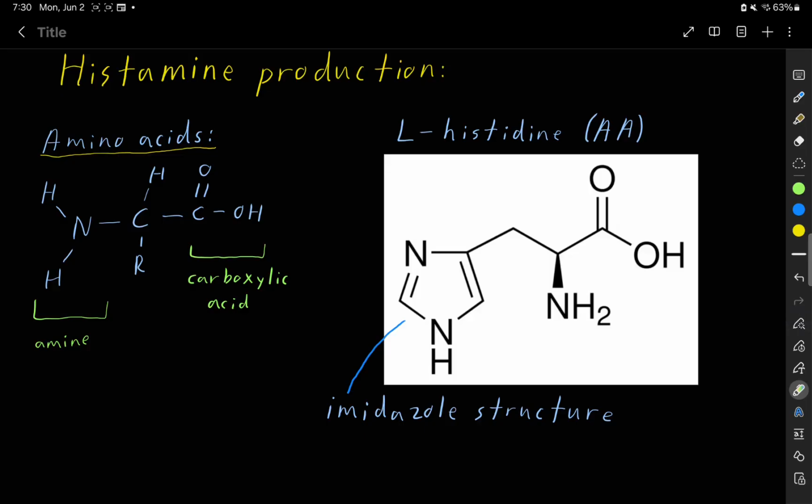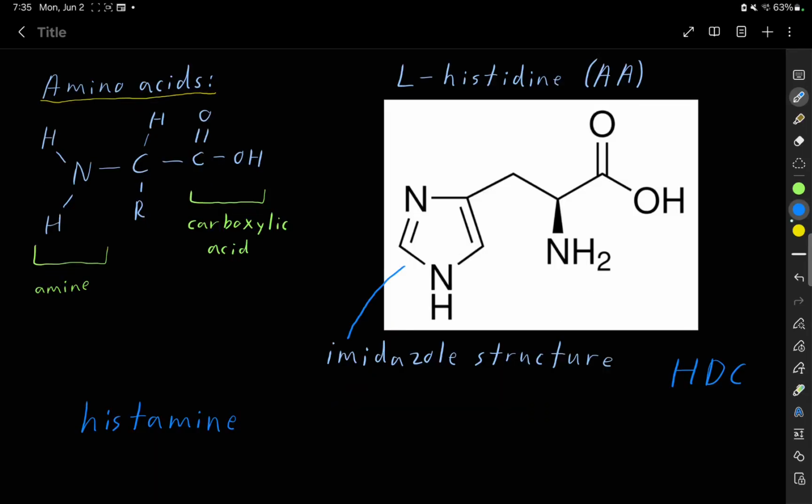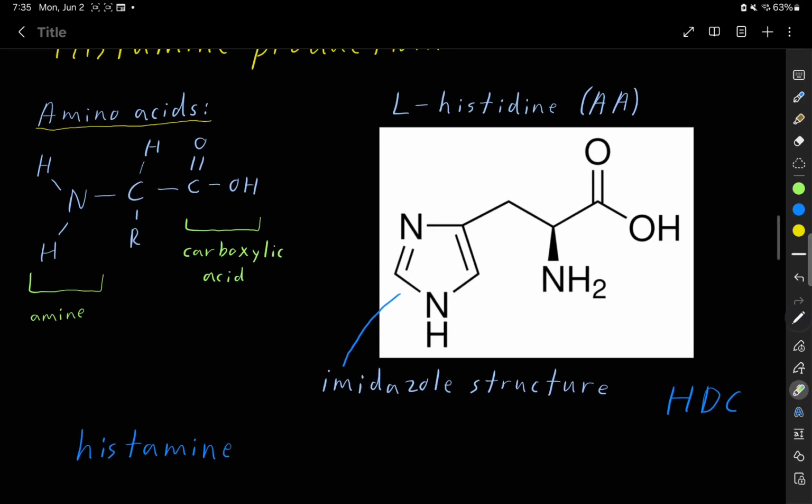L-histidine can get turned into histamine by an enzyme called histidine decarboxylase. So you can see that in the word histamine, we have amine. That indicates that histamine contains an amine group. However, it doesn't contain a carboxyl group. So if histamine comes from L-histidine, the amino acid, we have to remove the carboxylic acid group while retaining the amine group.